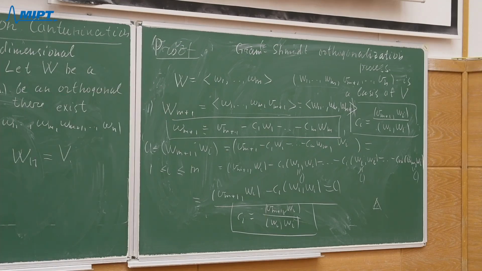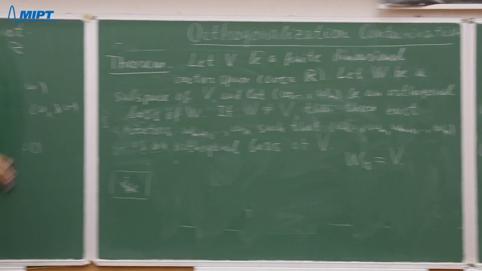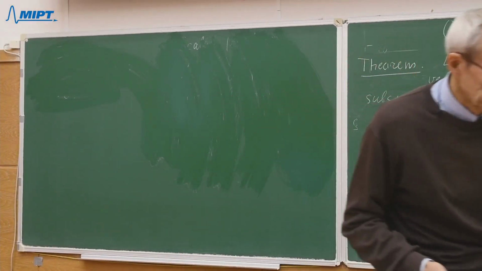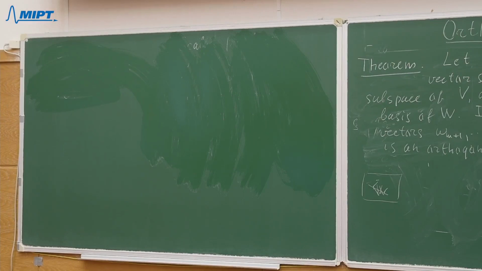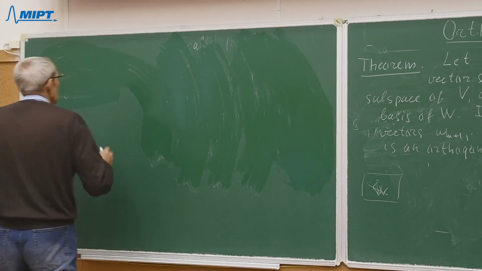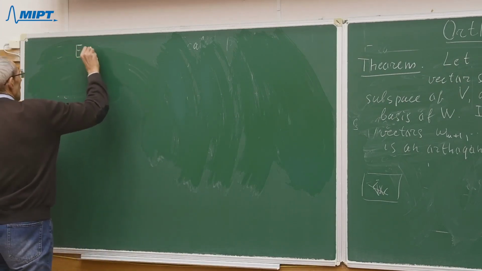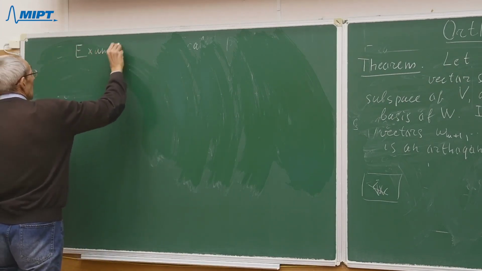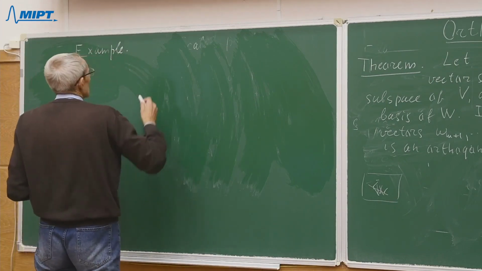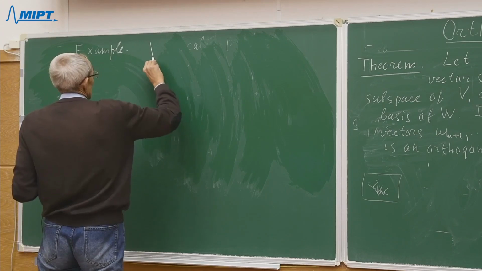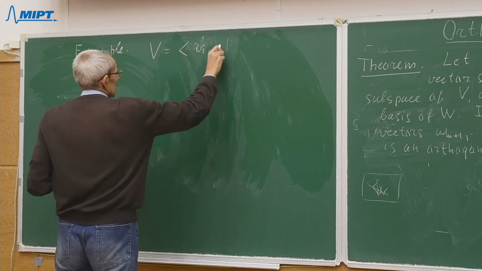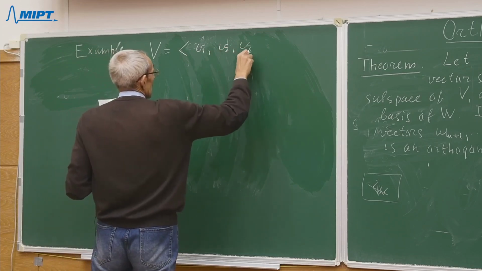Let's say we have some vector space V, which is the linear span of the vectors v1, v2, v3.